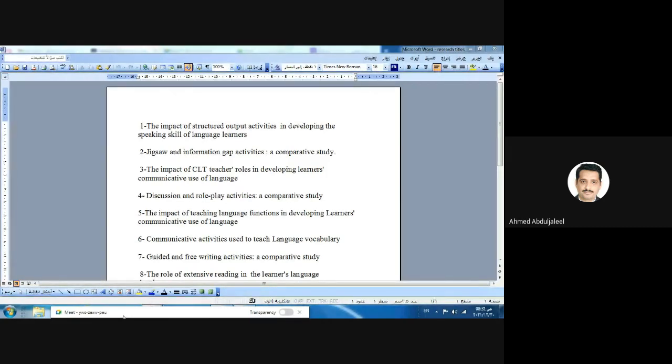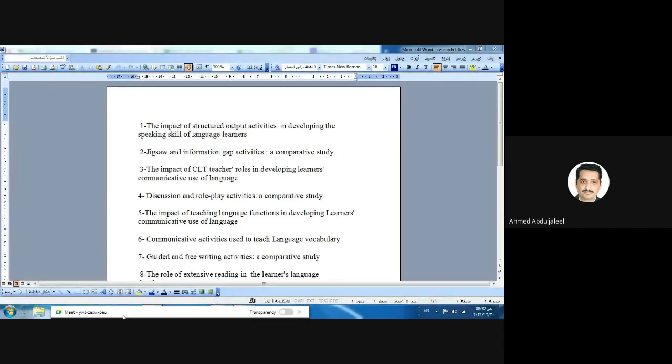First of all, I'm going to explain the aim of the study. What is the aim? The aim is to recognize the influence of certain activities on developing the speaking skill. Speaking is one of the language skills.